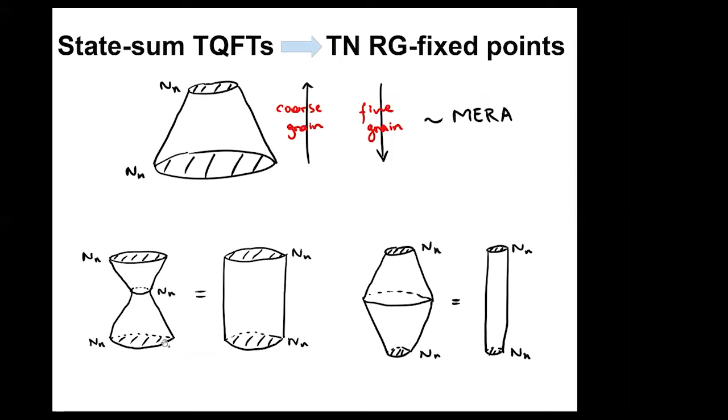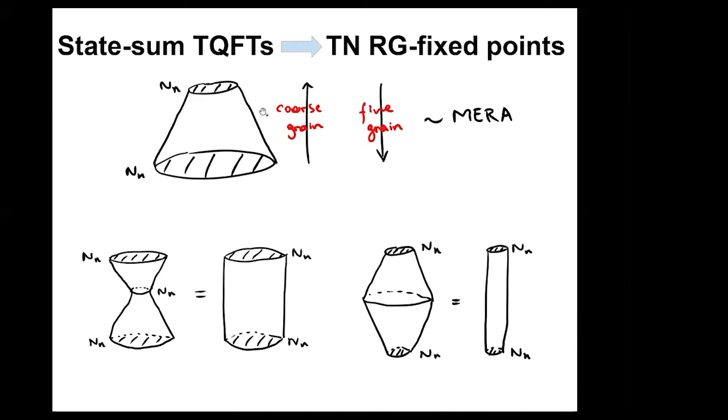By retriangulation invariance, this operation, going from finer to coarser lattice and then coming back to finer lattice, is equal to the cylinder map and vice versa. So this constructs an isomorphism between the ground states on the coarser and the finer lattices, which is related to this renormalization tensor network that I showed.